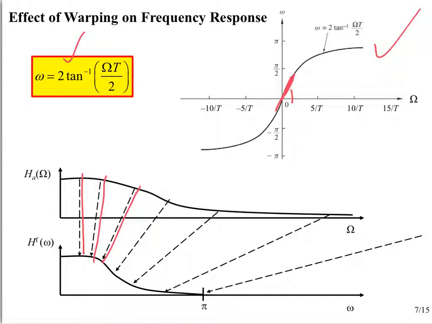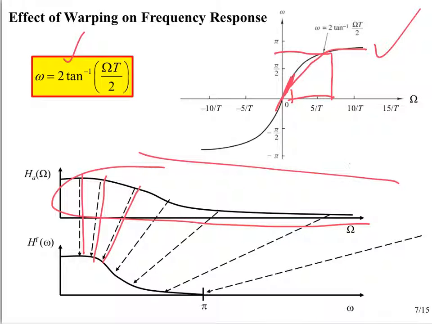But what we are seeing is that as we go further up in frequency, this curve bends over, so there is a reduction in the value of omega as we go up, and it can be quite a steep slope. And so what that does is it takes this entire thing that goes all the way out to infinity, and it squishes it down into this region.